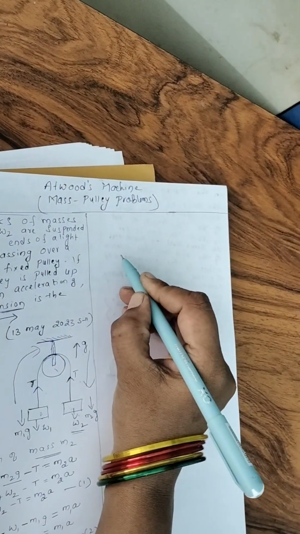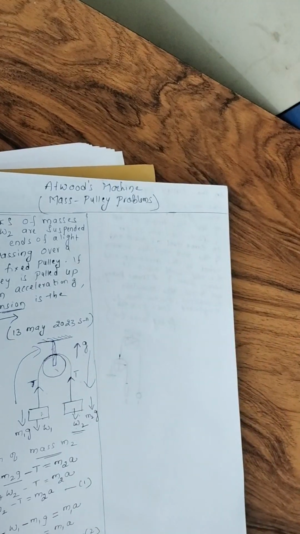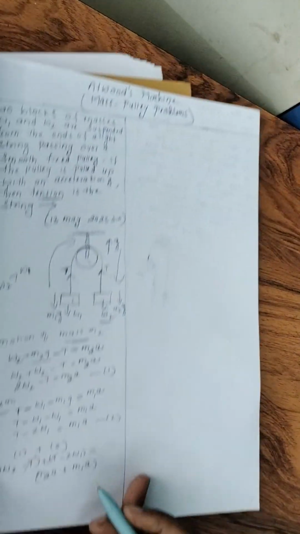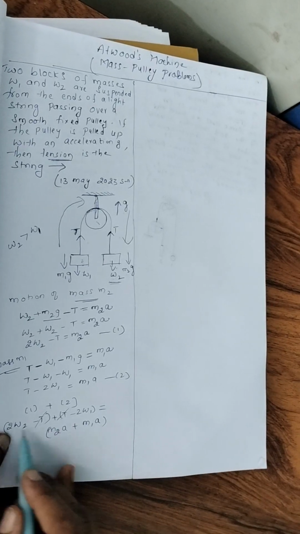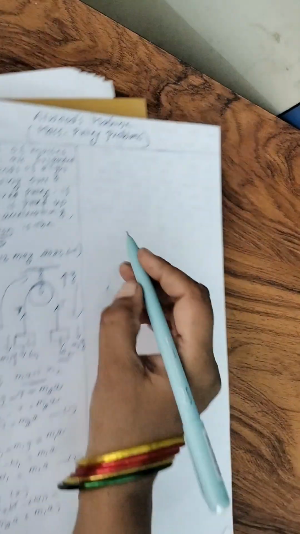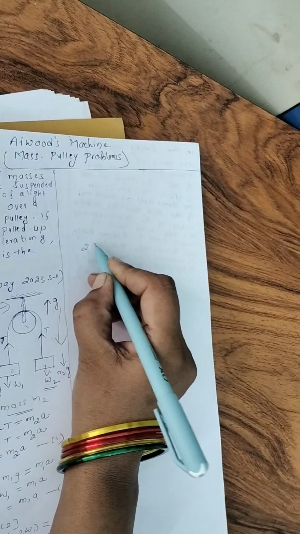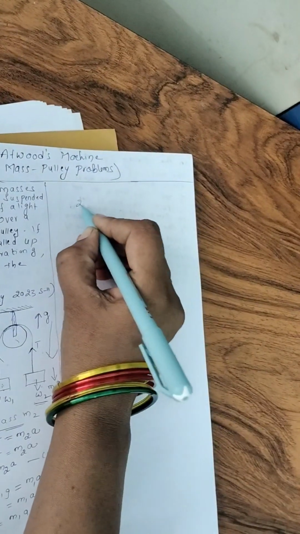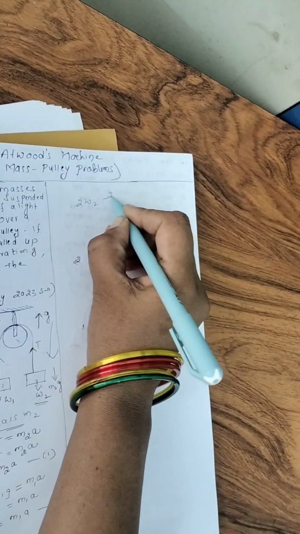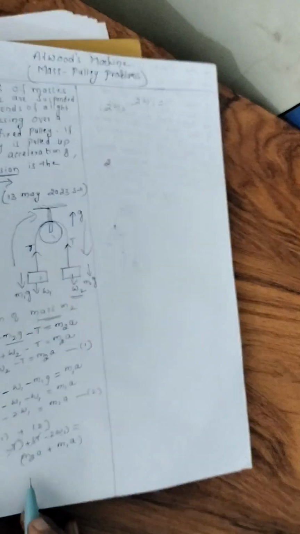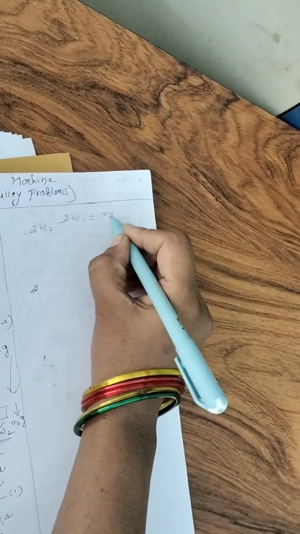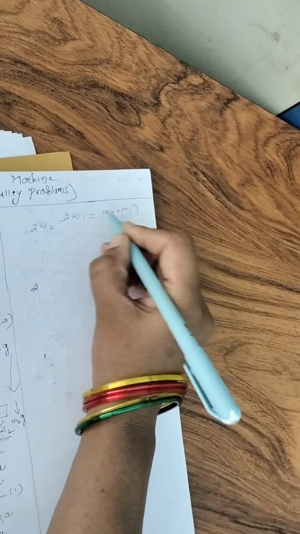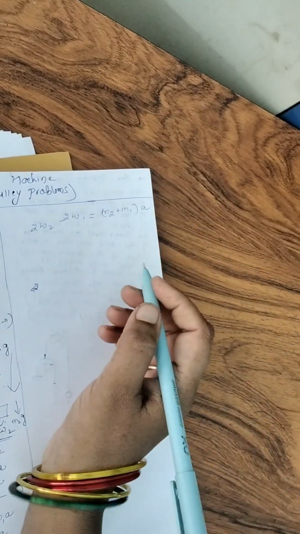So T strikes off here, minus T plus T. Now, what remained? 2W2 minus 2W1. This is equal to, here what is there? M2 plus M1. I can take a as common. M2 plus M1 into a.